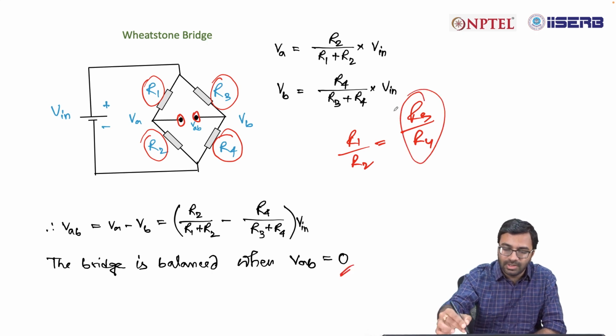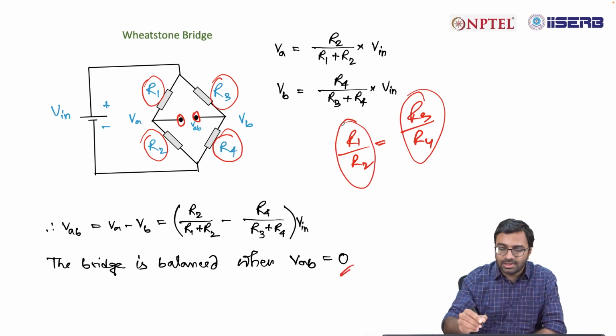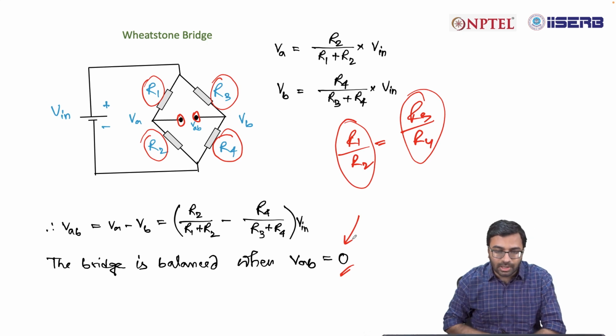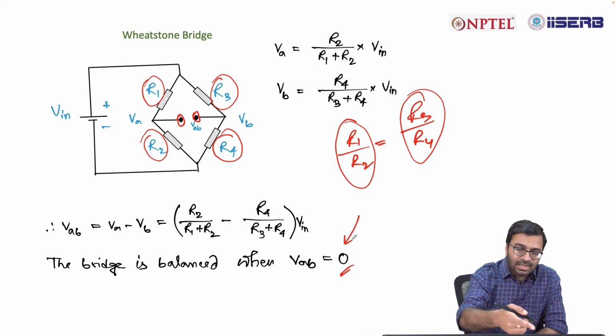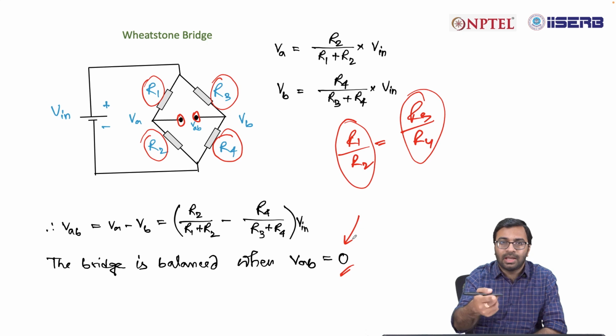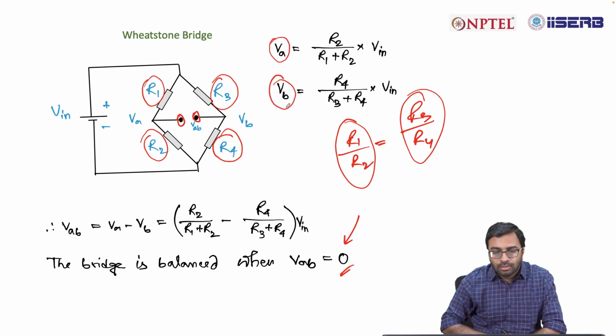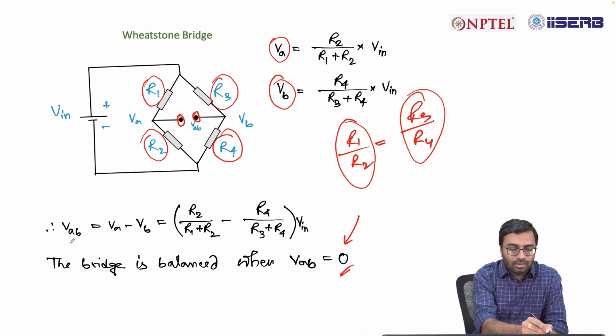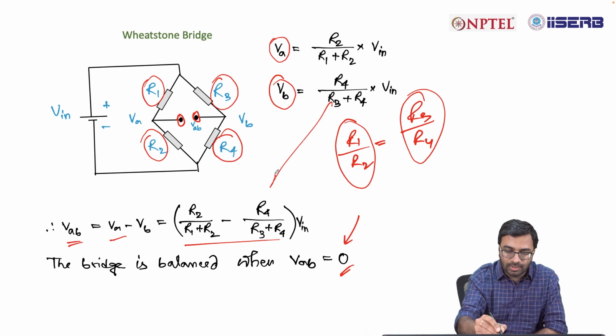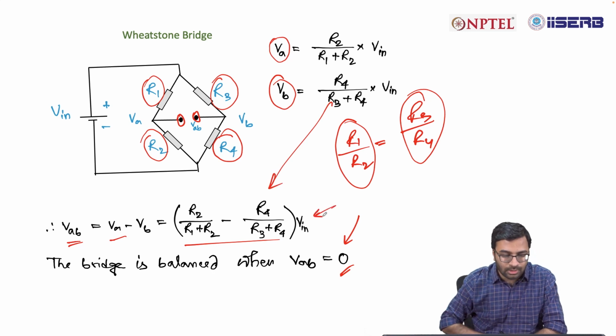If there is any mismatch, then you will find certain potential in the VAB terminal. Now, in this case, again, just by applying the voltage divider rule, you can calculate VA and VB value, and then you can figure out what is VAB, that is VA minus VB. Put those values over here, then you will get the expression.